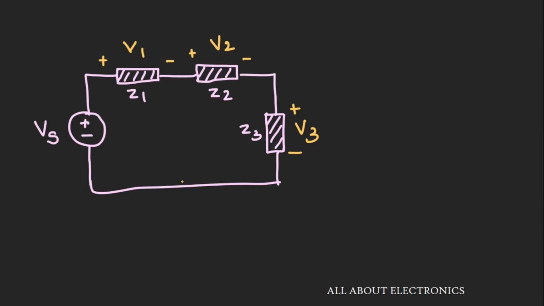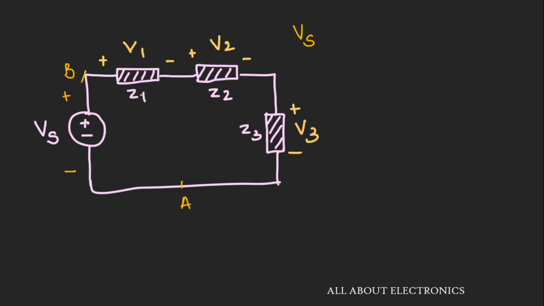Starting from point A, if we are moving in clockwise direction, the first element that we come across is this voltage source. Here we are moving from the negative to the positive terminal. That means there is a rise in the potential, so we can take this voltage Vs as a positive voltage.